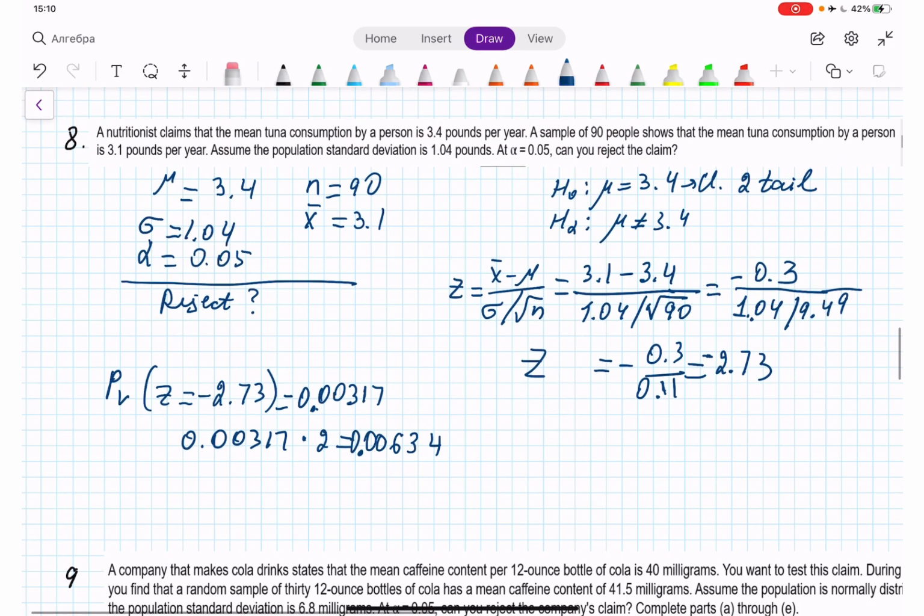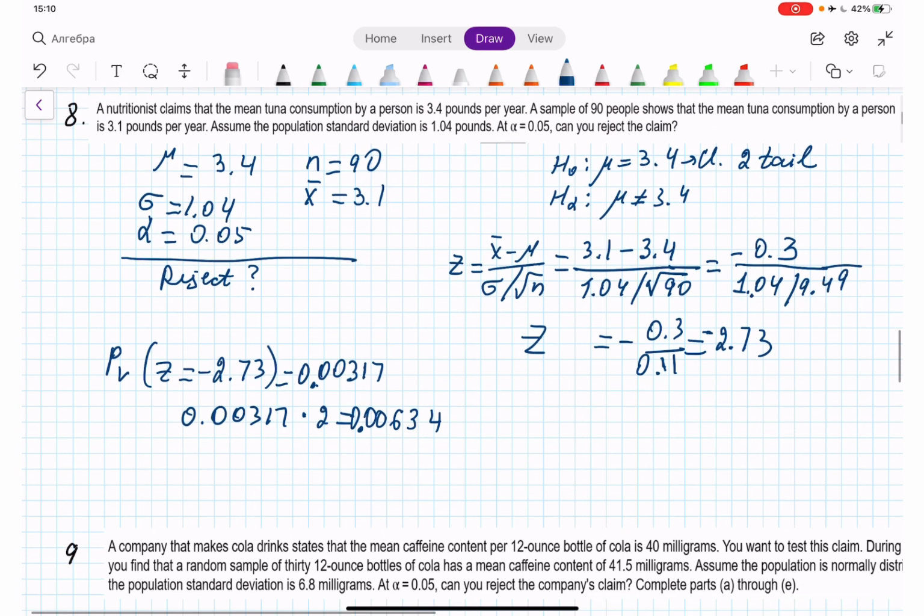So our alpha is 0.05. So our p-value, 0.00634, is less than alpha, which means we reject the null hypothesis. This is less than our alpha, 0.05, okay?